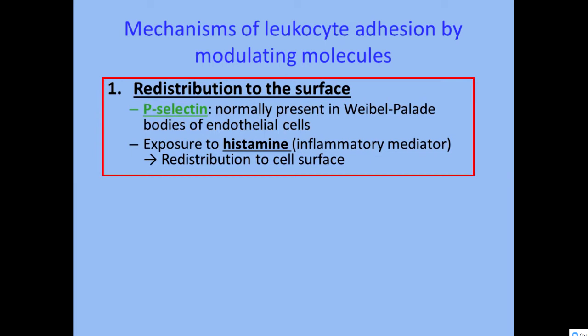If it is not present over the passport, the passport is invalid. You don't have a visa. So the visa officer is P-selectin. If P-selectin is present over the endothelial cell, then only the neutrophil will come and attach through the integrins.